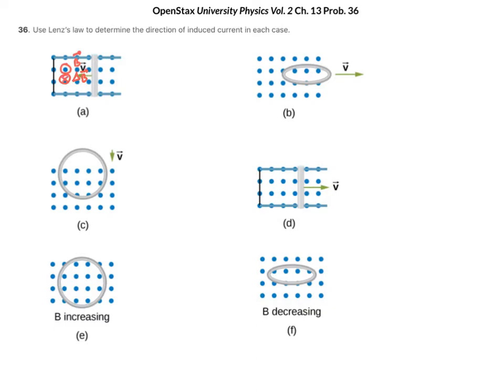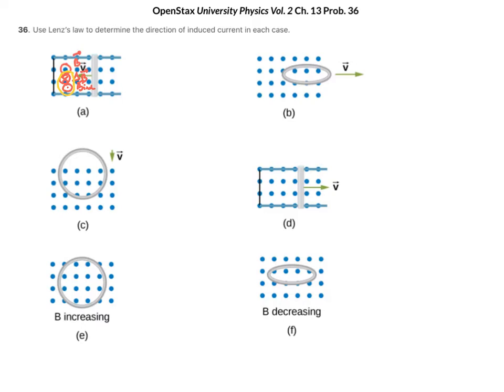So decrease means opposite. The loop itself will then induce a magnetic field to oppose the change. The change is that magnetic field into the loop. So an induced magnetic field in this direction will oppose the change, and that magnetic field was caused by a current that we have to figure out the direction of with a right-hand rule.